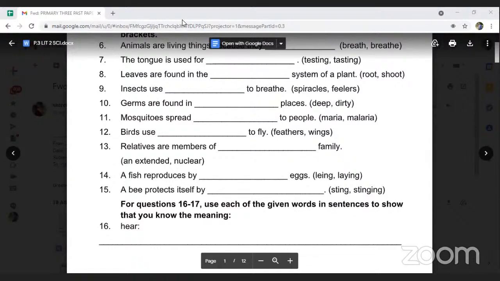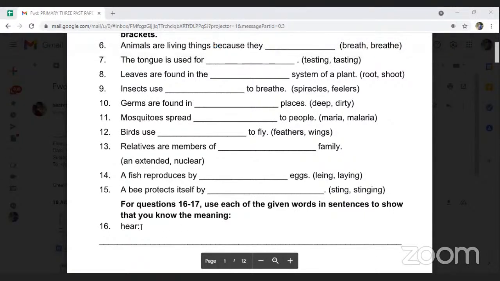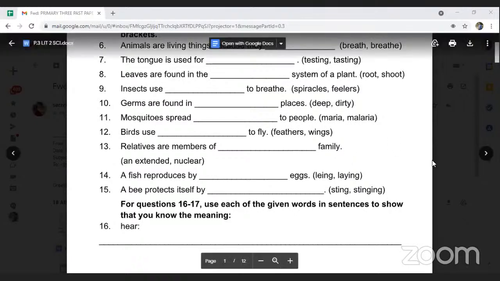Correct. Raphael, can you construct a sentence using that one here? What do you hear? Correct. Let's now look at the other one.